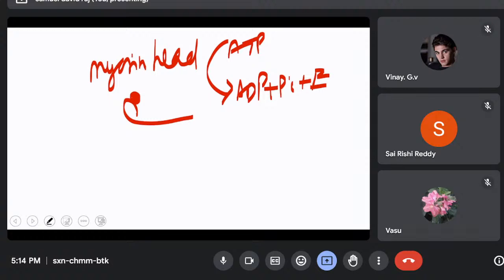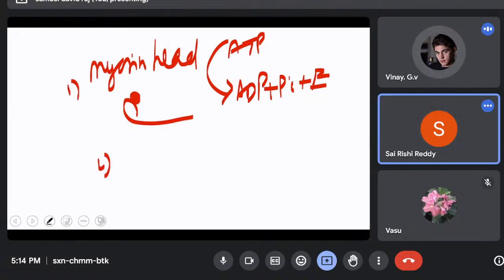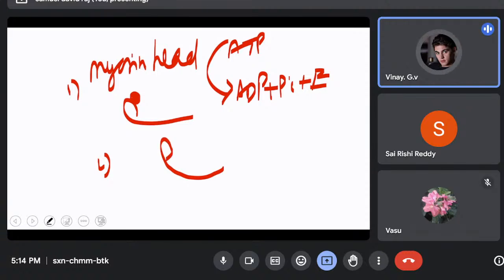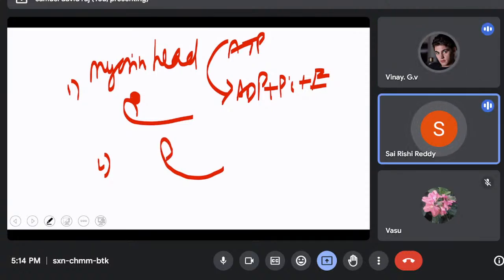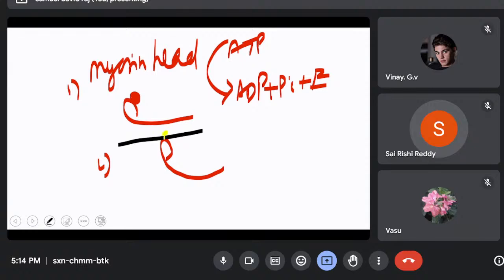Then what happens? The myosin head binds to the active sites of the actin protein, forming a cross bridge. This is the cross bridge, leading to the formation of the actomyosin complex.